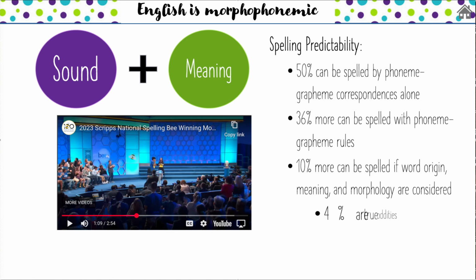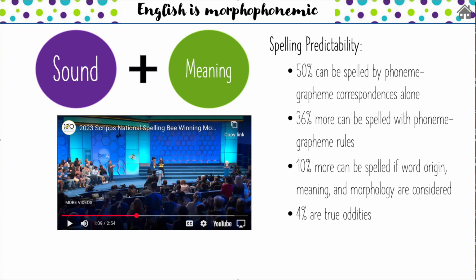That leaves us with only about 4% that are true oddities and true irregulars that really have no rhyme or reason. So the idea behind our phonics instruction is to, yes, focus in on the sound and all those things that we talked about in chapters 3 and 2, but also explicitly connect the correspondences and the grapheme-phoneme code.